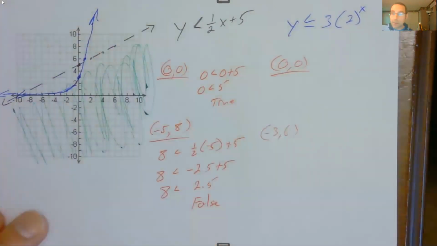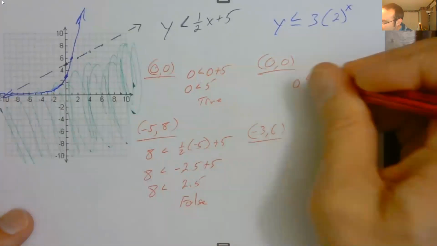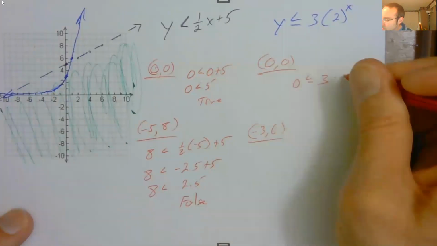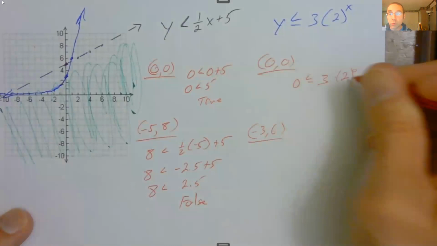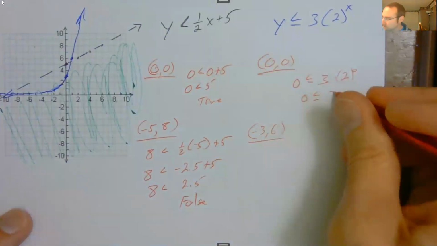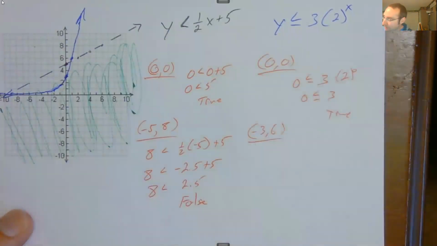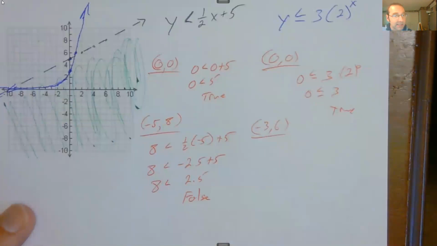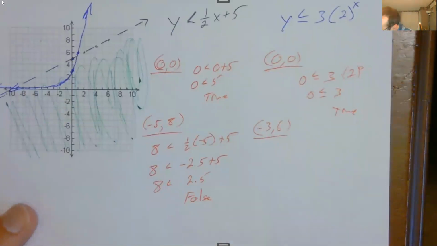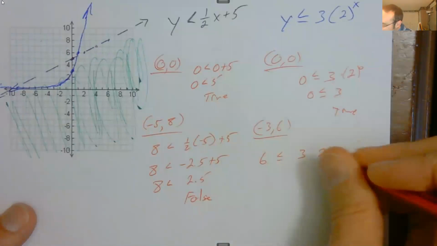So 0, 0, when I plug that in, I get 0 is less than or equal to 3 times 2 to the 0. Of course, 2 to the 0 is 1. So is 0 less than or equal to 3 times 1? Yep, that's true. 0, 0 works. And then -3, 6. We get 6 is less than or equal to 3 times 2 to the -3.